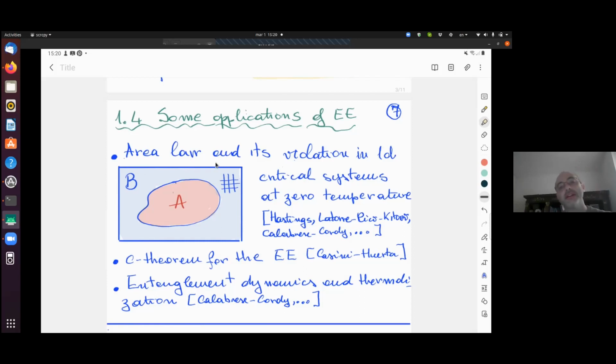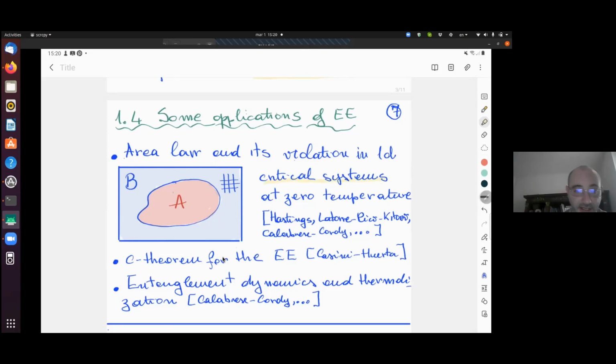Well, first of all, the area law has been, and is violated for critical systems, and there is a notion of universality. So entanglement entropy at zero temperature displays some universal features which are used to classify typically critical systems and even to measure properties of the underlying conformal field theory.